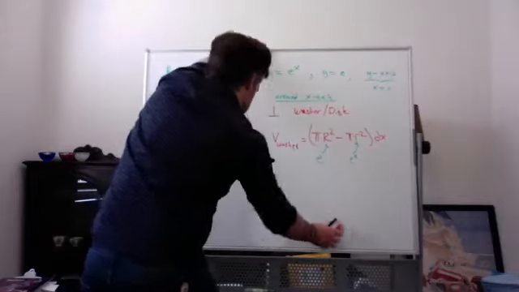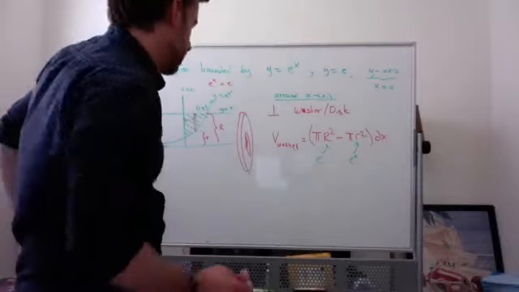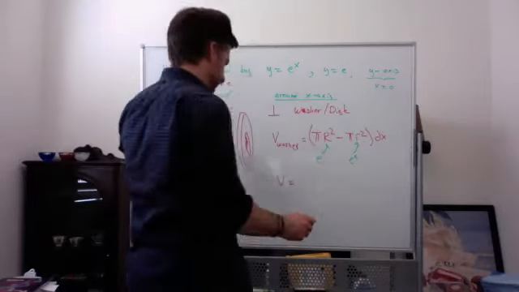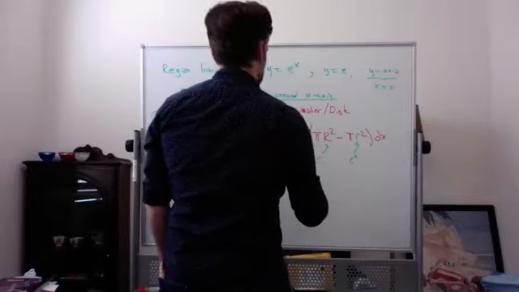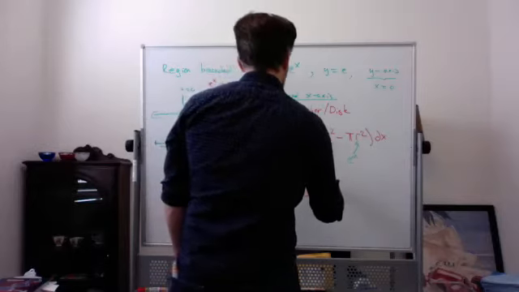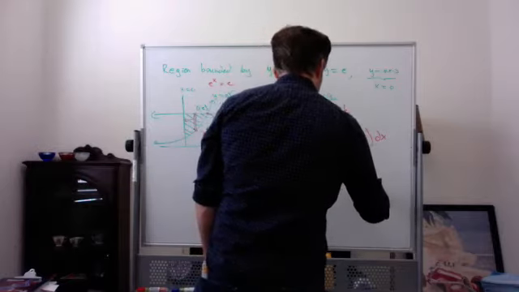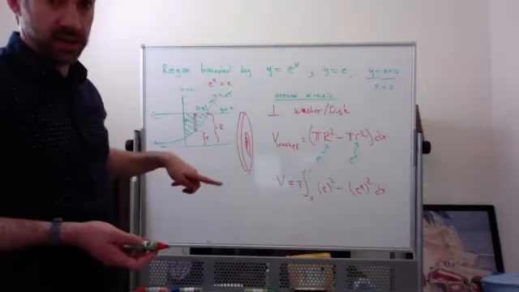Okay, so let me just write down: here is the integral using the washer method around the x-axis, and it was the integral from 0 to 1, pi times the big radius squared minus the little radius squared. Right, and that's how we calculated the volume around the x-axis.